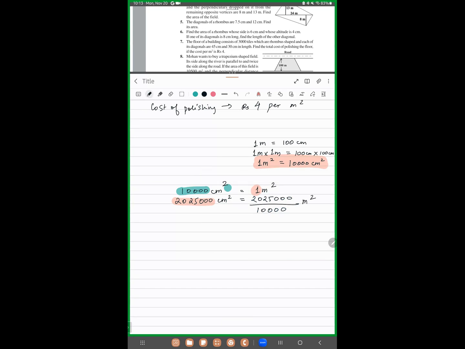In your imagination, just imagine that you are cross multiplying. You are multiplying the 2025 triple zero with the 1, and whatever is left without a partner, that will go in your denominator. Understanding?